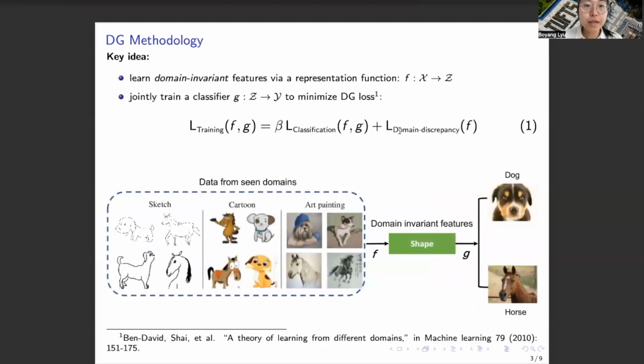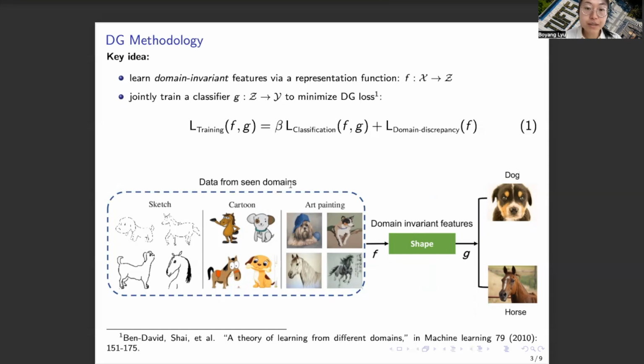To address it, a typical DG methodology is to learn domain invariant features by a representation function f that maps from the input space to the representation space, and jointly train a classifier g that maps from the representation space to the label space. This workflow can be seen in this figure.